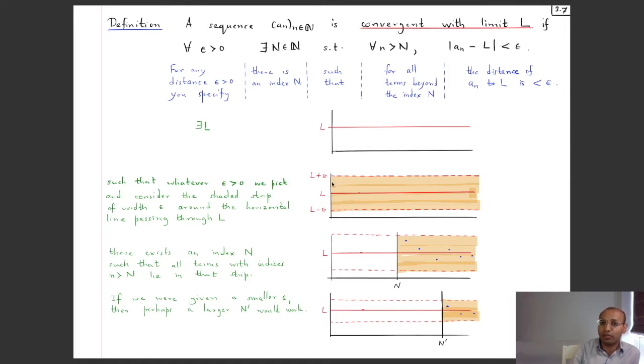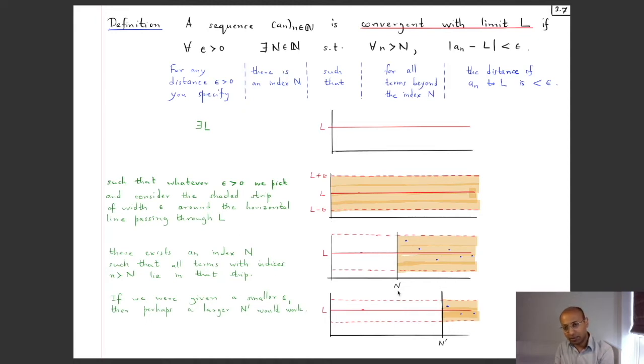So they lie over here. Alright, so no matter what distance level you specify, and we consider the shaded strip of width epsilon around the horizontal line passing through L, there exists an index N.